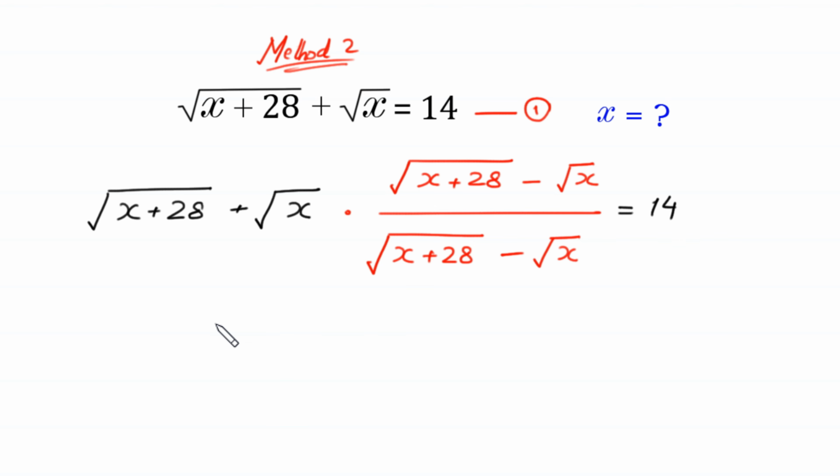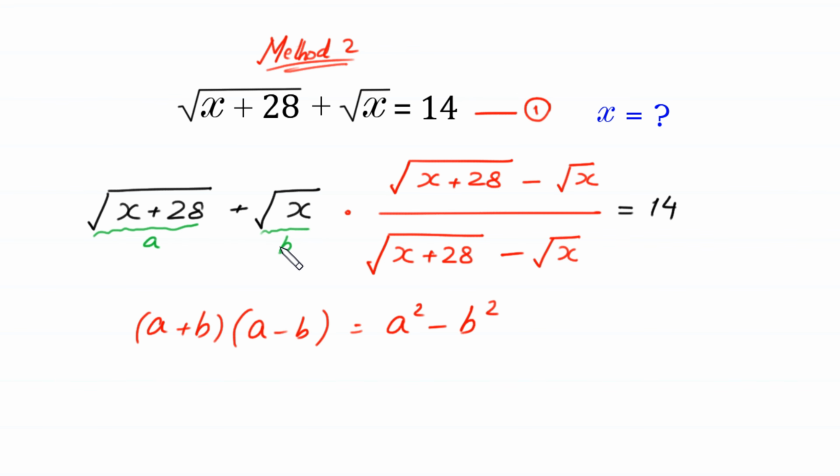Now by using this algebraic identity, a plus b times a minus b is equal to a squared minus b squared. In this expression, this square root of x plus 28 is a, and this square root of x is b. And here this square root of x plus 28 is a, and this square root of x is b.